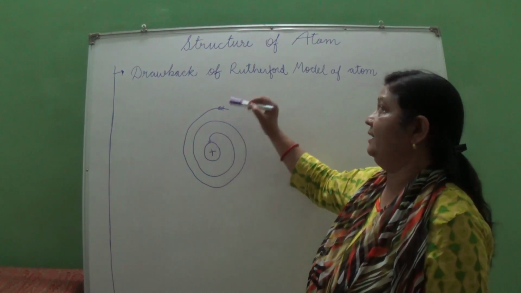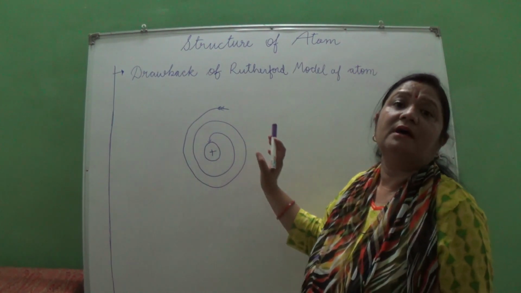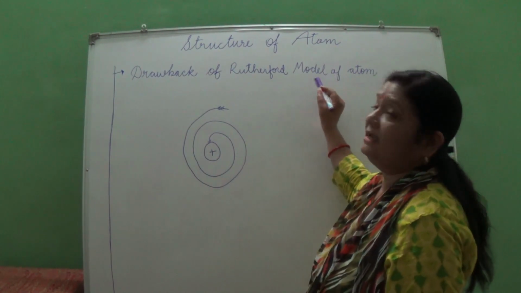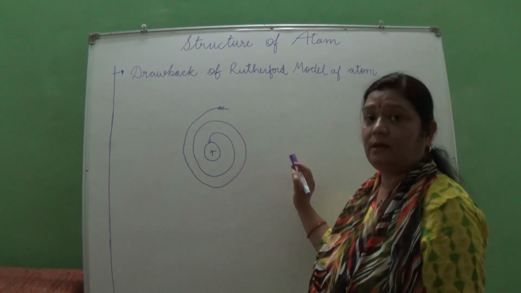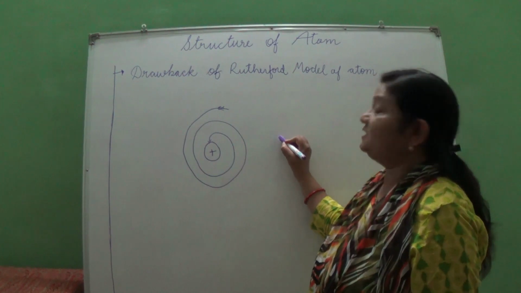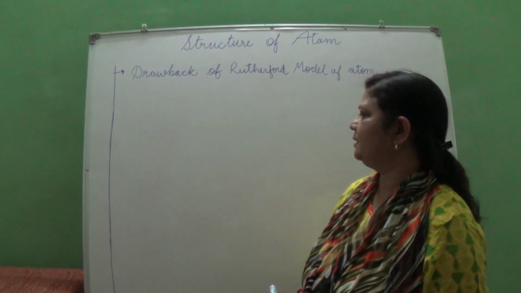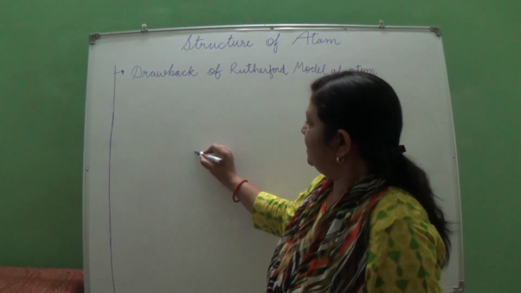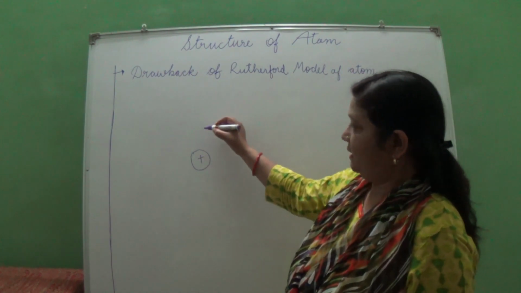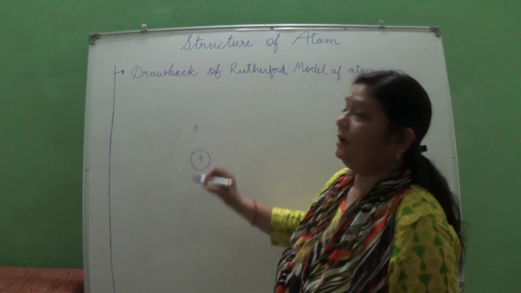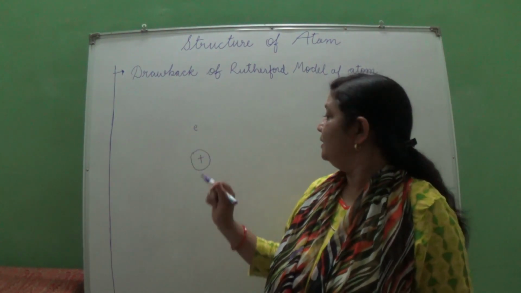So this Rutherford model of atom was said to have a limitation, and this was later explained by Bohr. Now suppose this nucleus is present and this electron is not revolving around the nucleus.